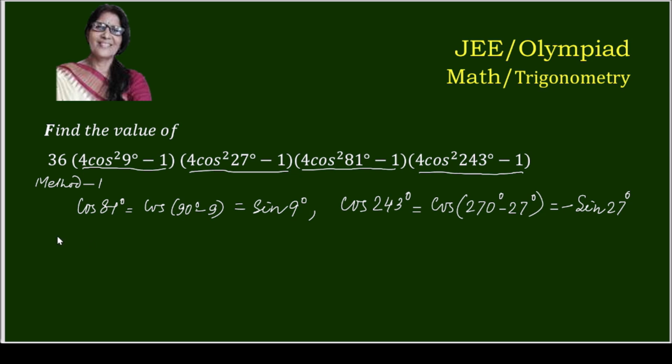When I take the cos square 243, it will be squared, so there will be no negative sign, it will be positive sine square 27 degree.